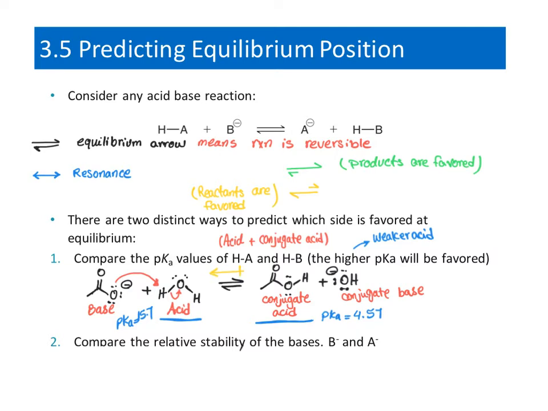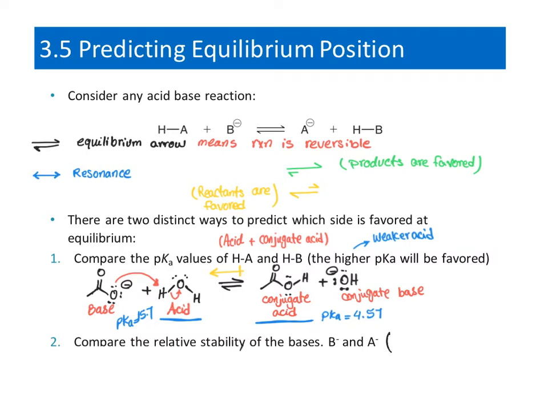The second way is to compare the stability of the bases on both sides of the equation and see which base is more stable. An equation always favors formation of the more stable base.